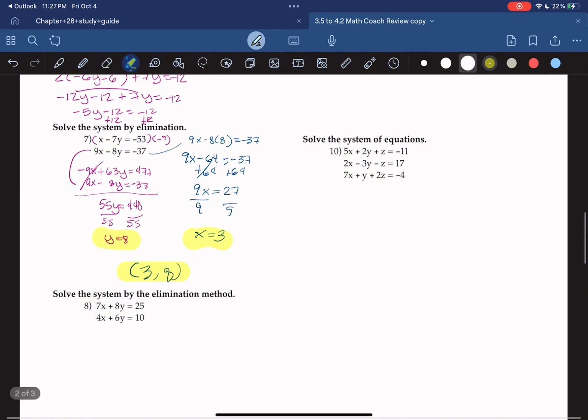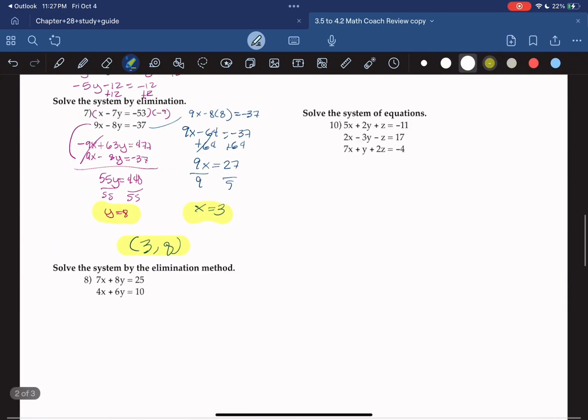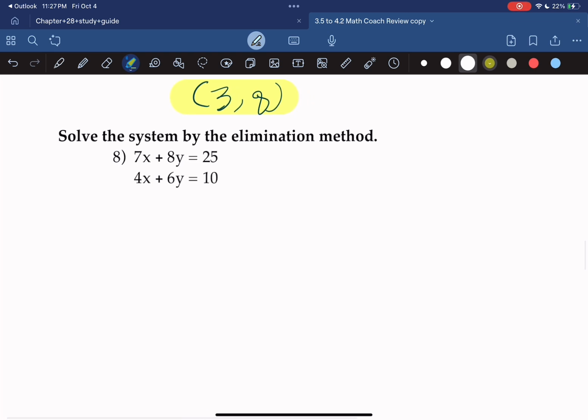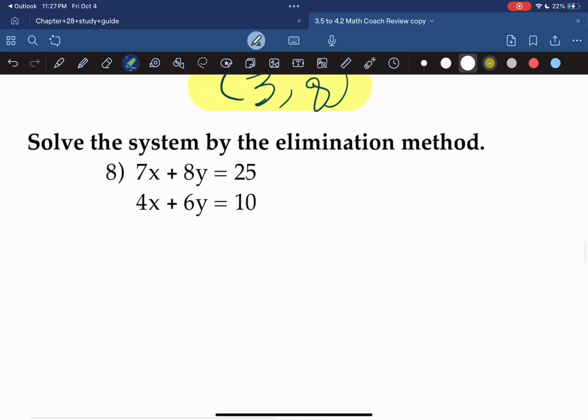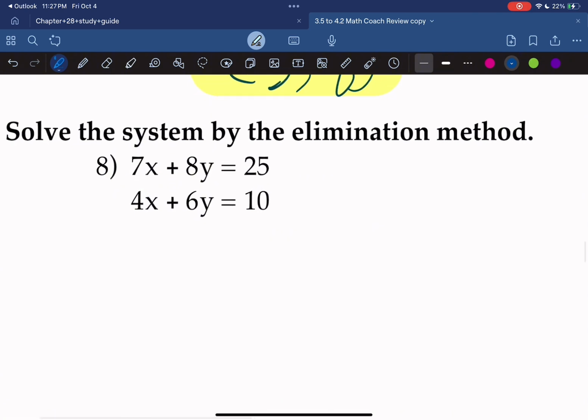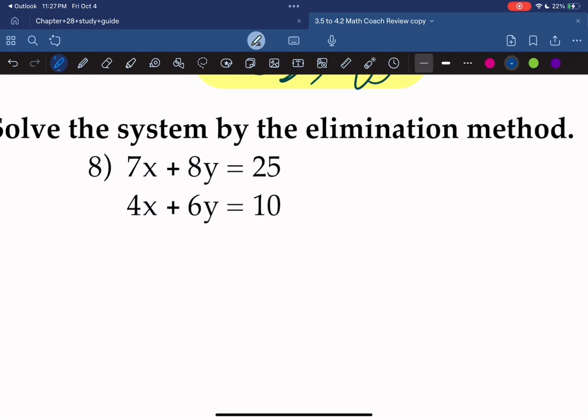Let's do number 8 now. Once again, solve the system by the elimination method. Now we don't have anything by itself, so we have to multiply both of the equations. I think the easiest would be 8 and 6 because they both have 24 in common.